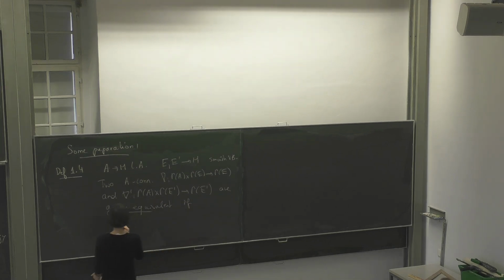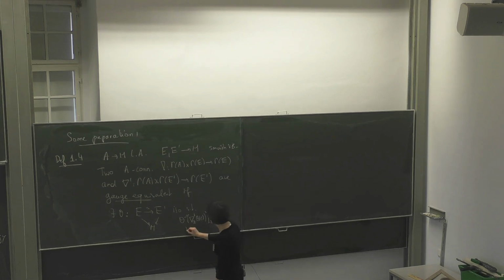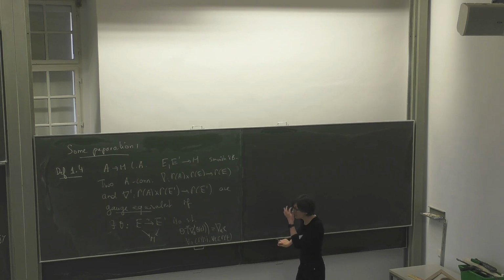If we have an isomorphism of vector bundles theta over the identity, such that theta^{-1} of nabla prime_A of theta(e) is nabla_A e, for all A a section of A and all e a section of E. So up to this isomorphism, the connections are the same.